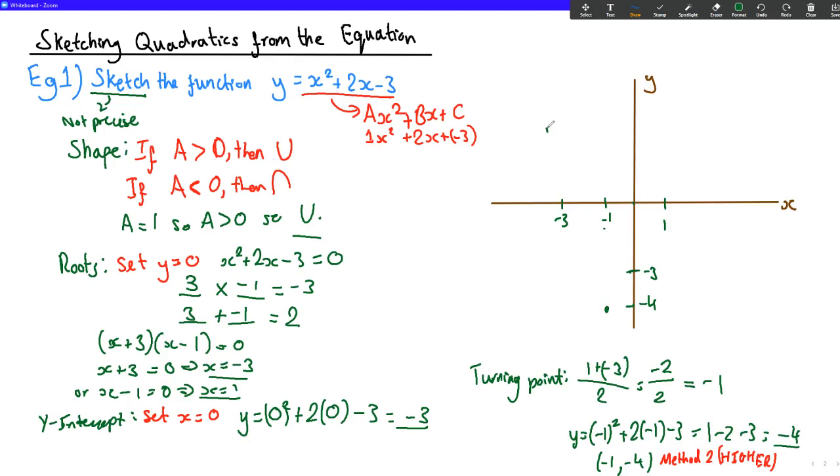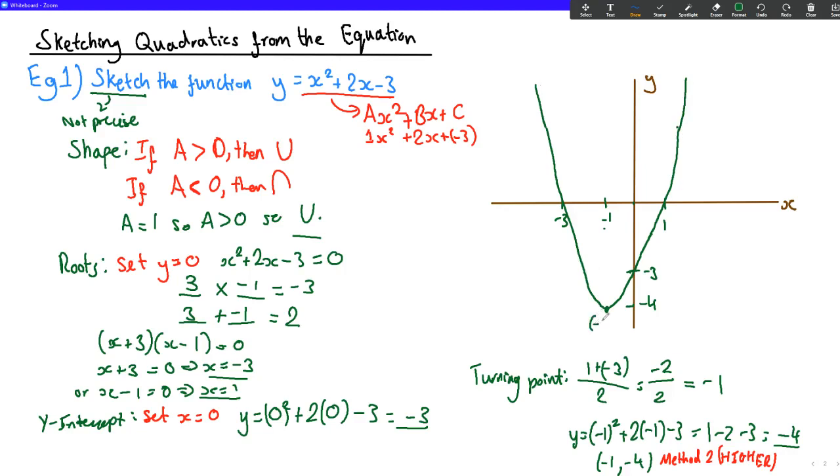I'm going to try my best to draw a smooth curve that goes down, hits the turning point, and then changes direction. It goes through all of the points, so it goes through the two roots and the y-intercept. And I'll take these further like that.